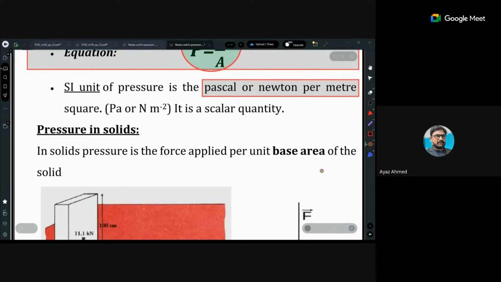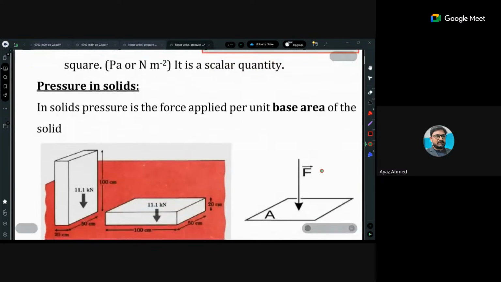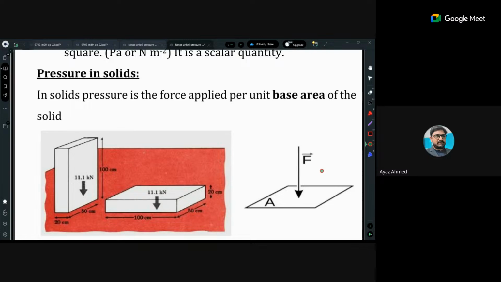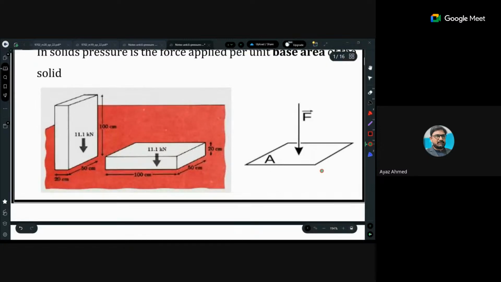What I was saying is that we will talk about pressure in liquids, pressure in solids, and pressure in gases. So here we go. We will deal with pressure in solids first. In solids, the perpendicular force is applied on a specific area. This is a very interesting diagram.